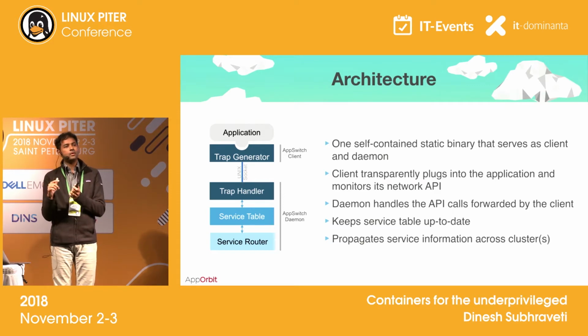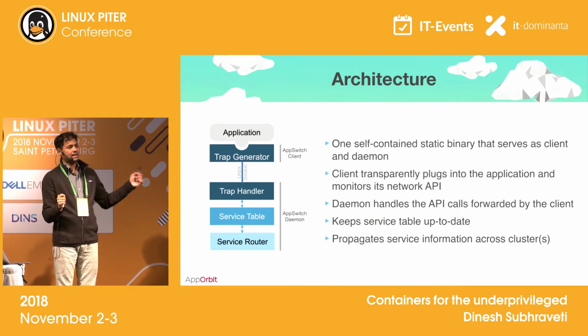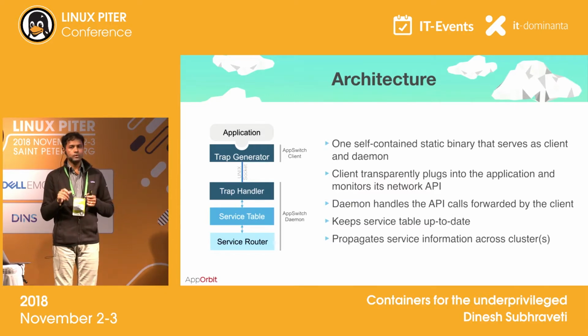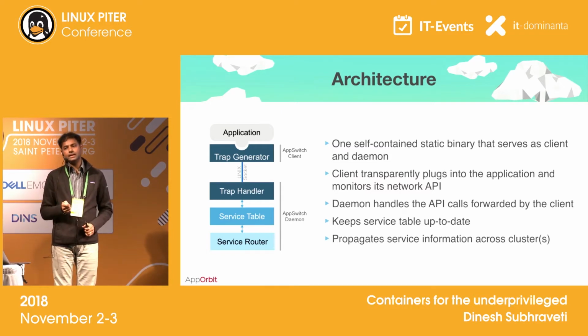And that IP address and port can be virtual, can be anything that AppSwitch would assign based on user input. So when you create an application, you can arbitrarily decide what IP address you want to assign to that application while you bring it up.